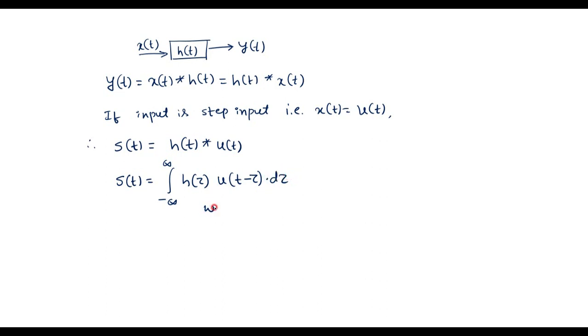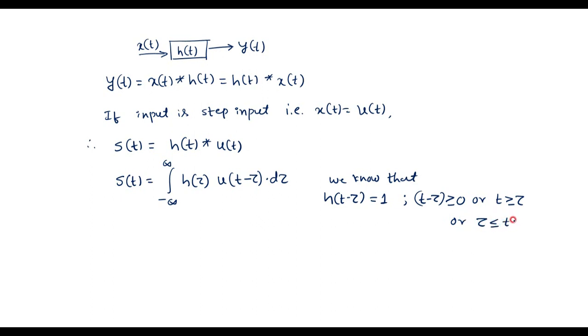And here we know that u of t minus tau is equal to 1 for t minus tau greater than or equal to 0, or t is greater than or equal to tau, or tau is less than or equal to t.